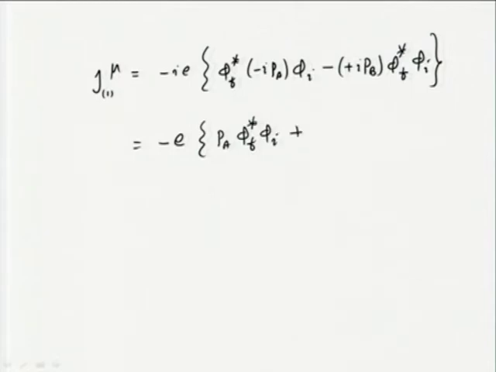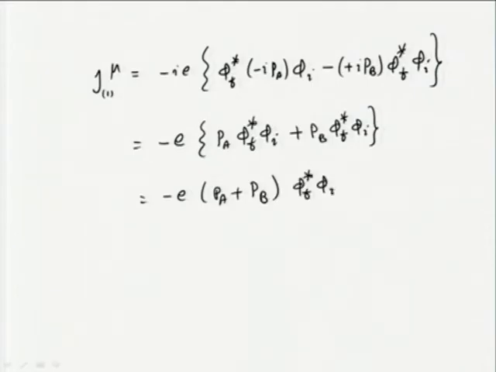So, it is plus p_b phi_f star phi_i, which is equal to minus e (p_a plus p_b) phi_f star phi_i.